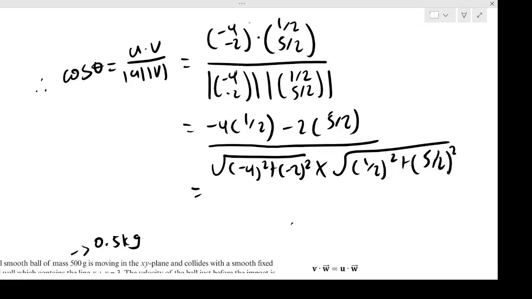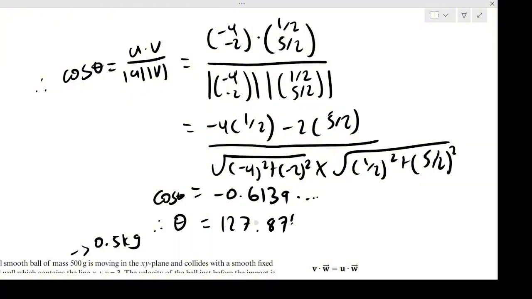And so you get cos theta to be minus 0.6139 and so on. Don't worry about the negative. That's fine. It just tells me it's going to be obtuse. So if I do inverse cos of that, I get 127.87 degrees, which is indeed obtuse, and that's the angle deflection there.